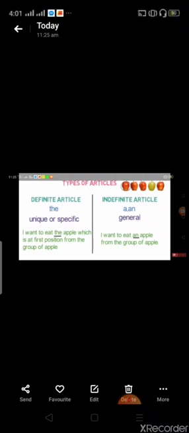So here I am specifying the particular apple. An indefinite article: I want to eat an apple from the group of apples. So here, in general, I am talking about any apple. So these are the differences between the definite article and the indefinite article.